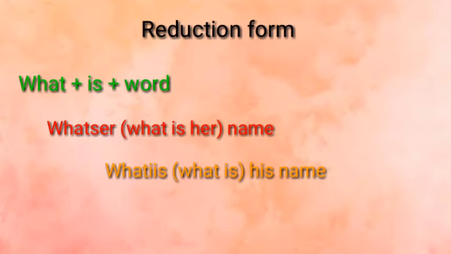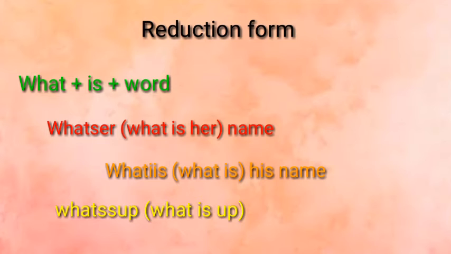Here earlier we were asking the name of a girl, but now we are asking the name of a guy. So what's his name? What's up? Instead of saying what is up, no one says like this, right? Everyone says what's up. They don't say what is up.